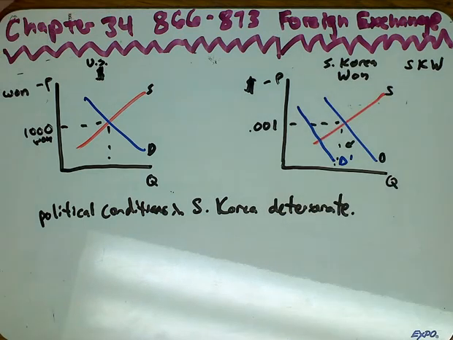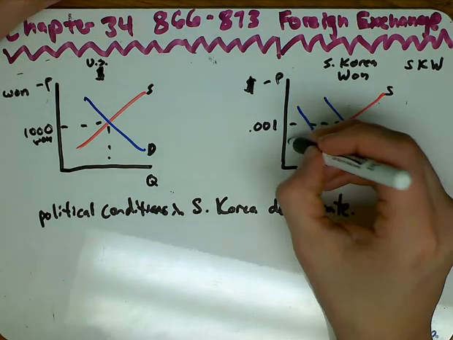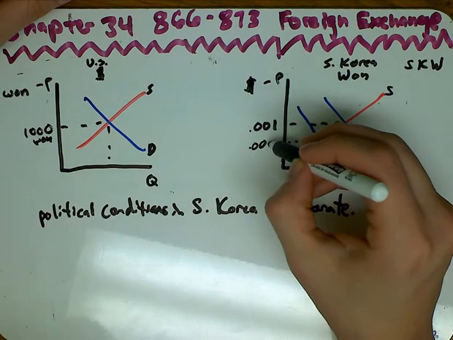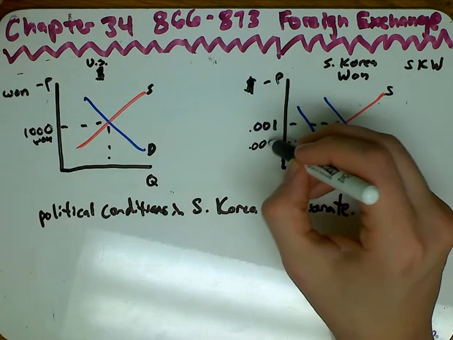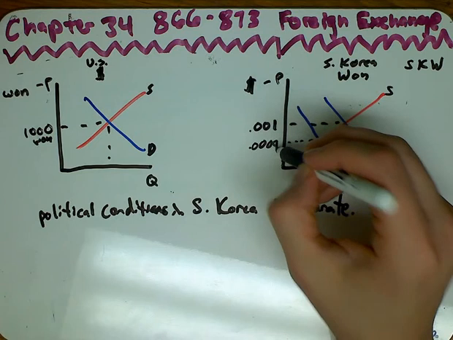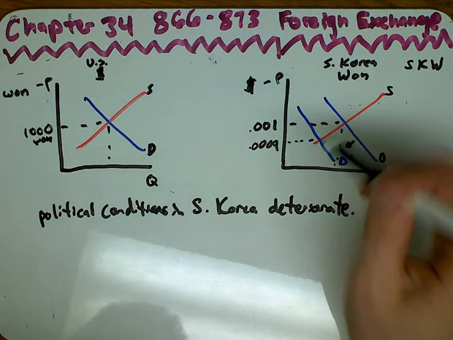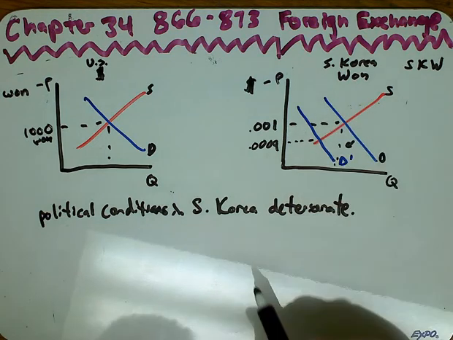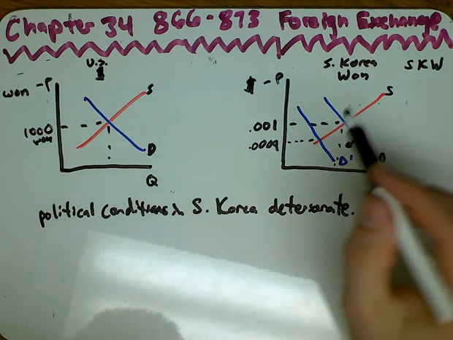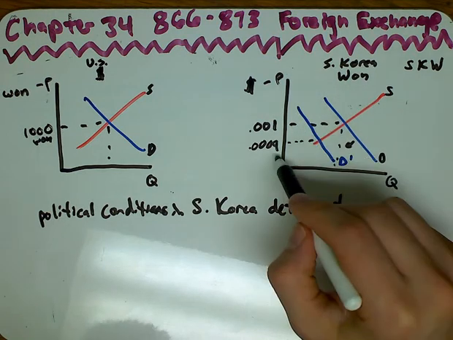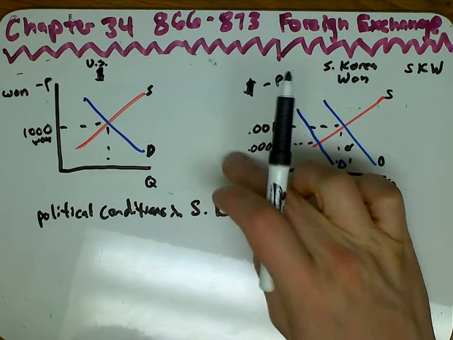And that means, according to our graph, that the equilibrium price has gone down. Let's say it's 0.00009 or something like that. What this means is that the price of the won has gone down. You now, for a won, only need 0.0009 of $1.